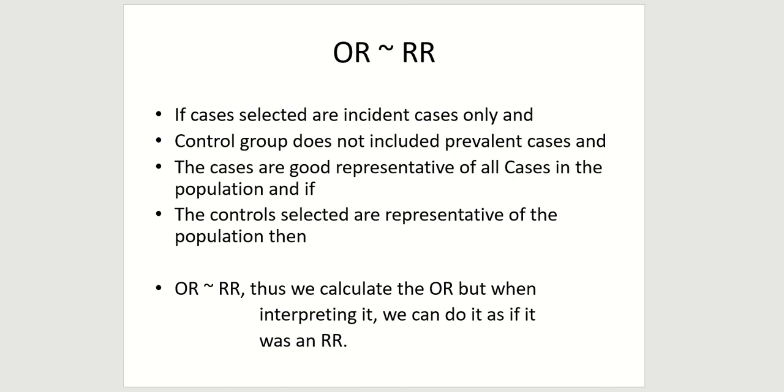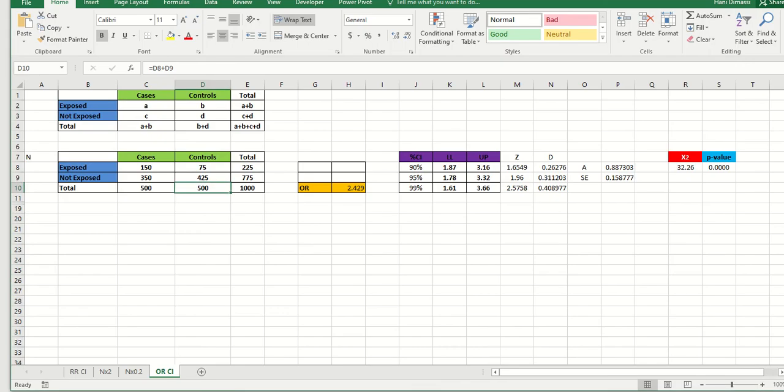Okay. So here I would like to go back to the Excel sheet in the previous slide, where I was showing you what would happen if I change the sample size. So in this setup, I have a case control setup. These are my cases, these are my controls. You can tell because I have 500 cases, 500 controls. Typically the cases equal the controls.